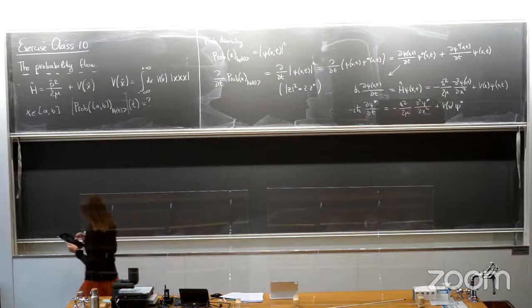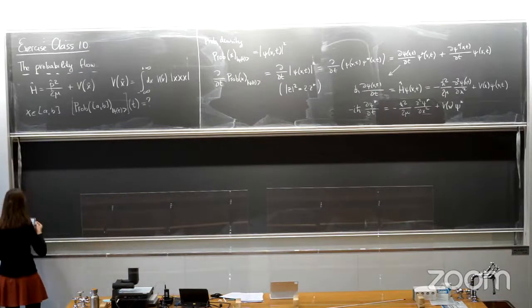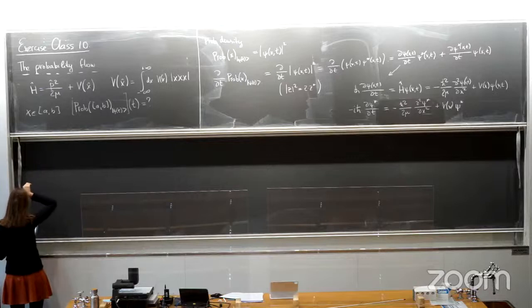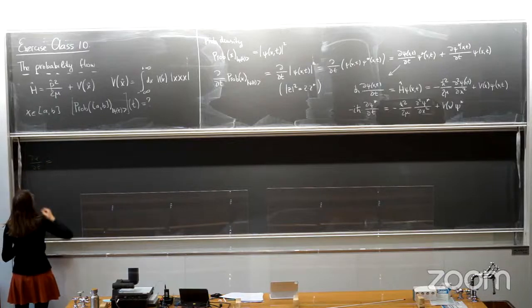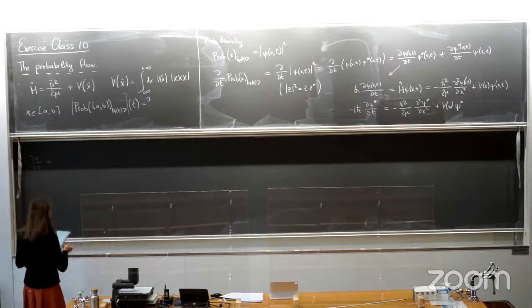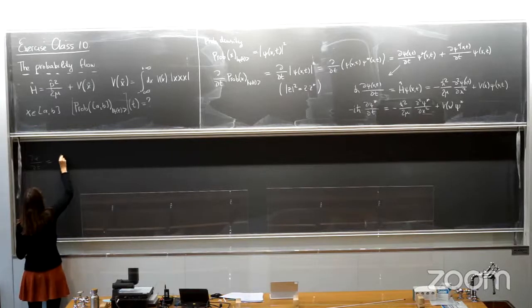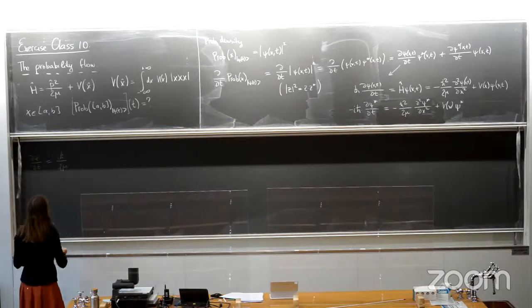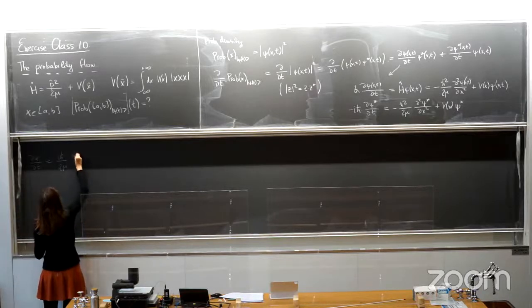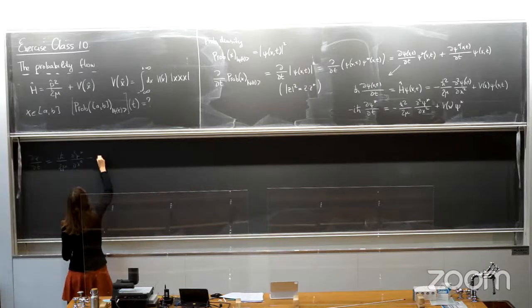And then we get the following, that dψ/dt equals iħ over 2μ, because here we get that minus 1 over i is just i, d2ψ/dx squared minus i over ħ V(x)ψ.